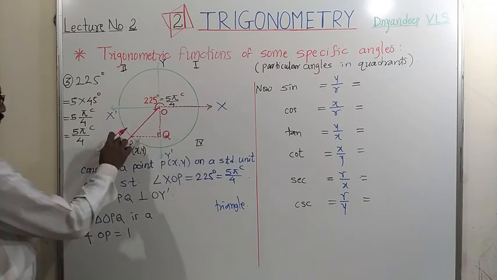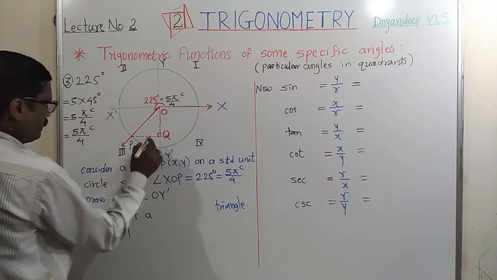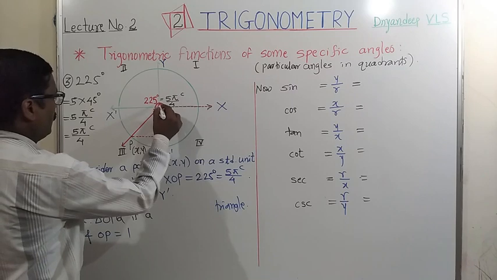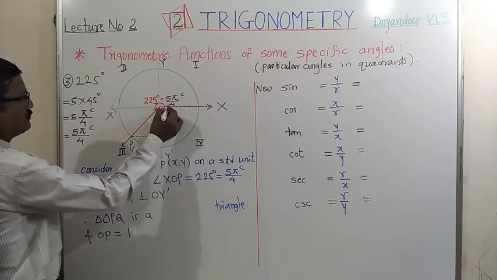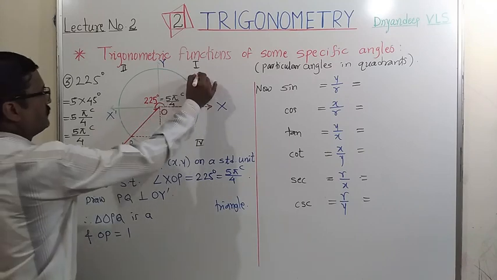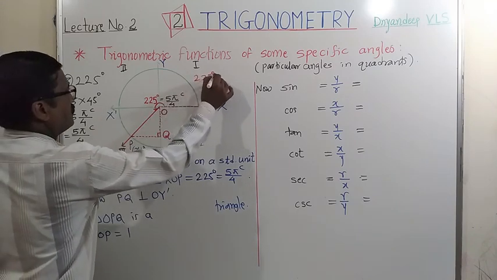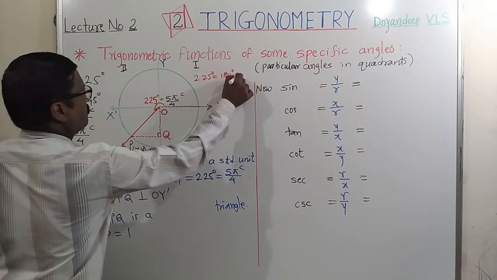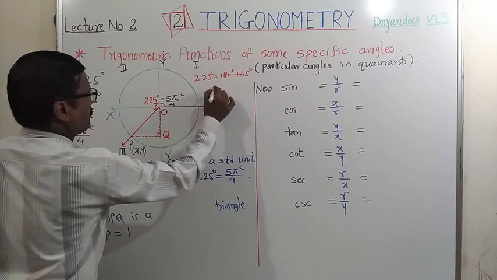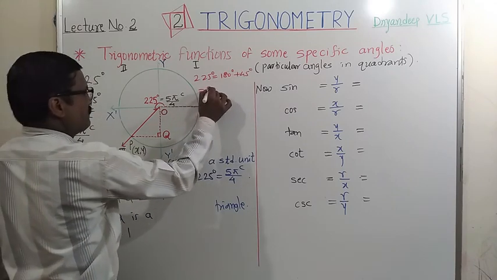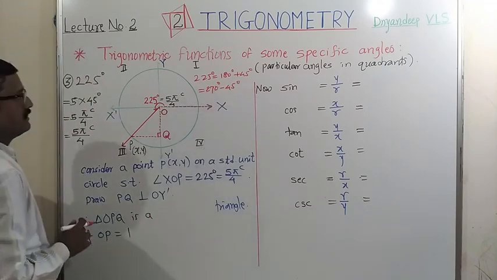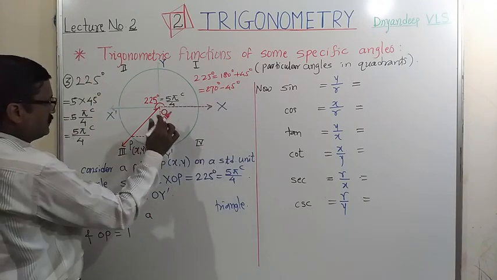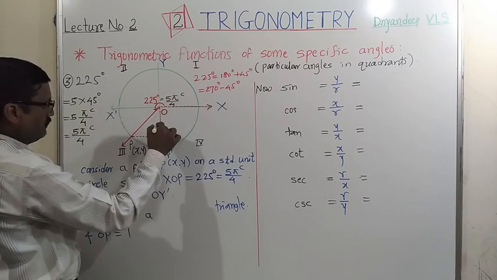So we get triangle OPQ in which this is right angle and the measure of this angle is 225. So it is 180 plus 45, or we can write it as 270 minus 45. We get the same.